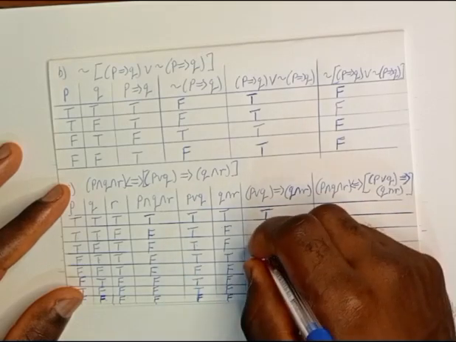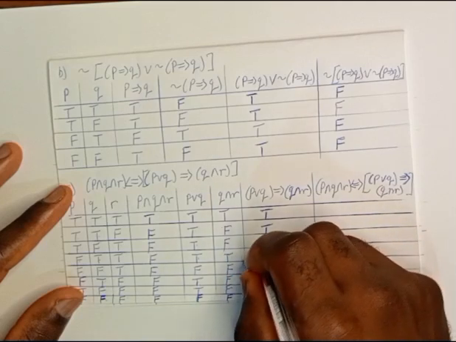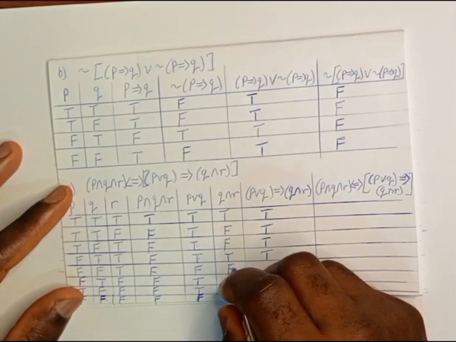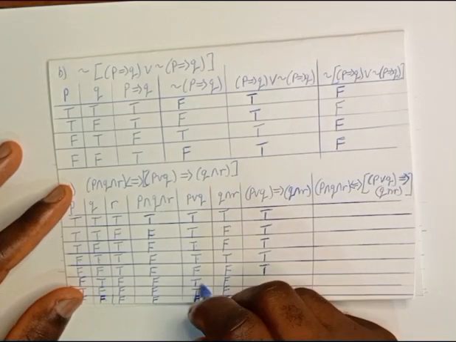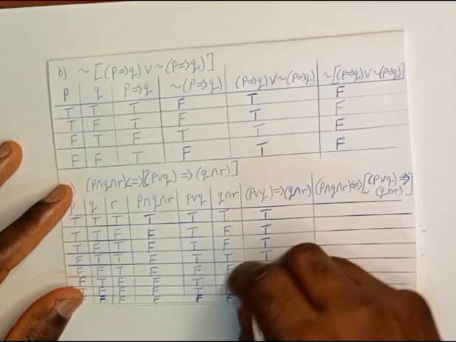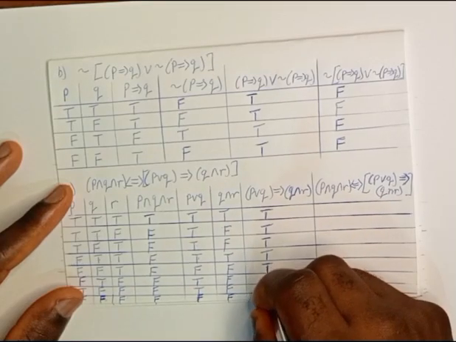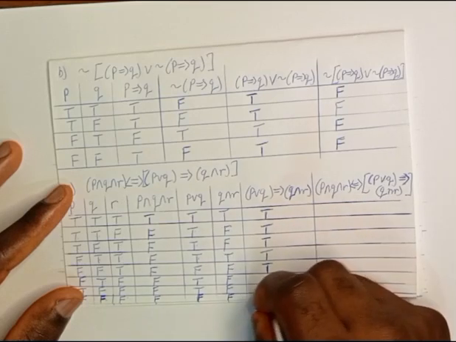True implying true is true. False implying false is true. True implying false is true. And lastly, false implying false is true.